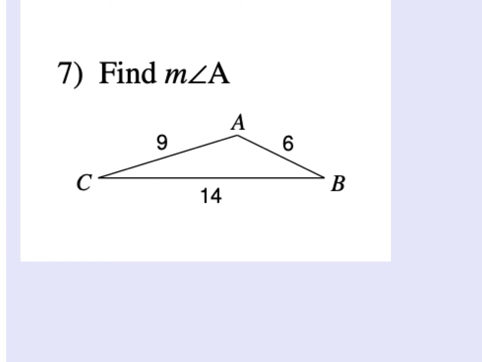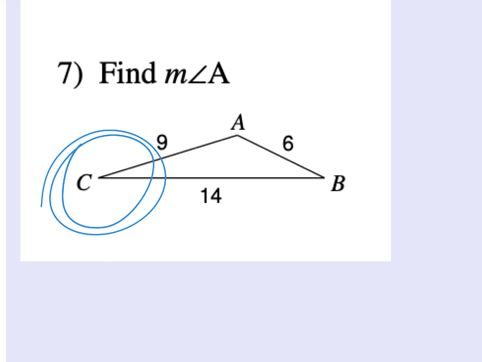So if I'm going to use the law of cosines, there's two kinds of kids on this. There's the kids that are going to say, okay, I'll just use the law of cosines, and they'll have to do it twice because the first time they'll find this angle that they didn't really want. If you're doing the law of cosines and you really want angle A, then you should change it to the key angle and make it C. See what I'm saying there?